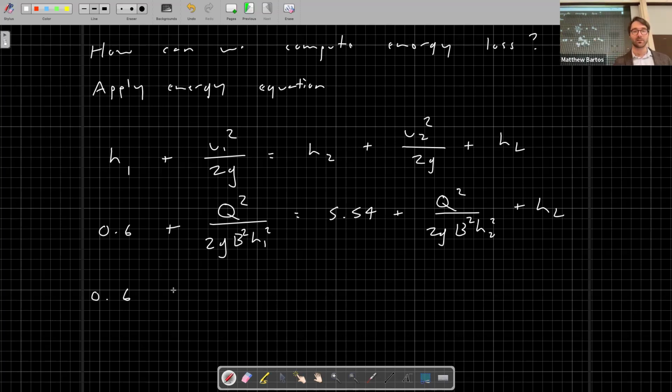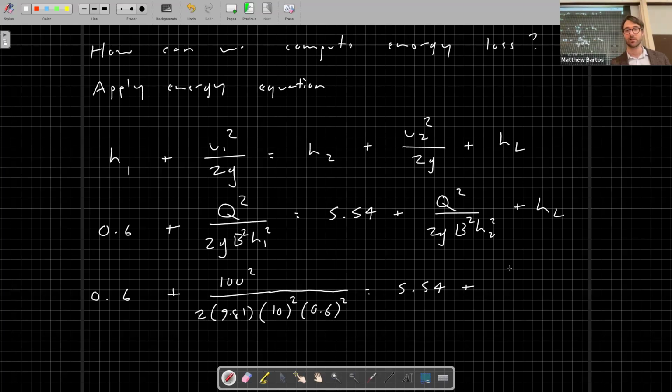We plug in numbers, we'll get 0.6 plus 100 squared divided by 2 times 9.81 times 10 squared times 0.6 squared. This is equal to 5.54 plus 100 squared divided by 2 times 9.81 times 10 squared times 5.54 squared plus the head loss.